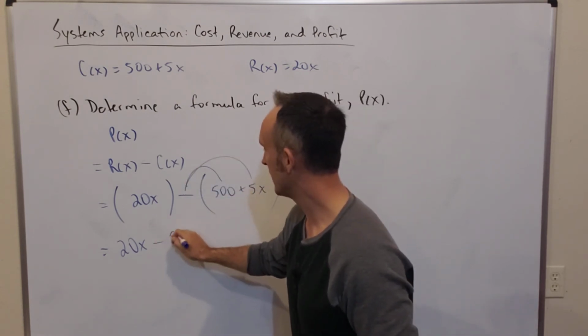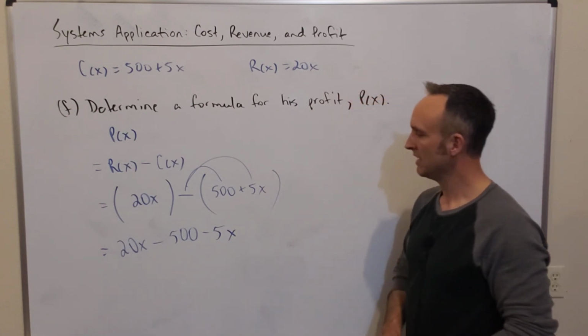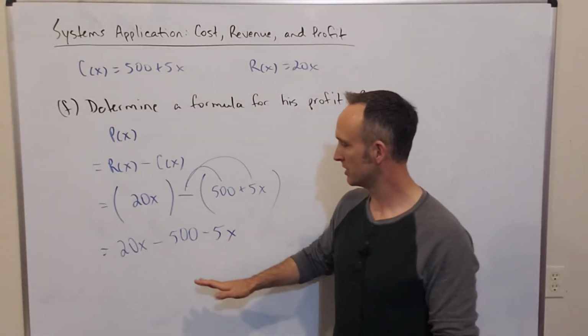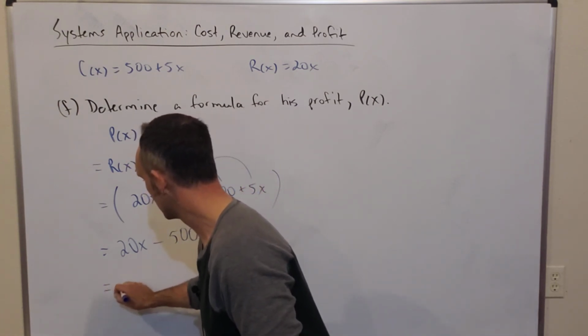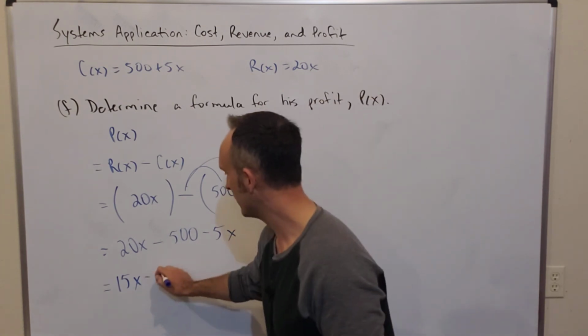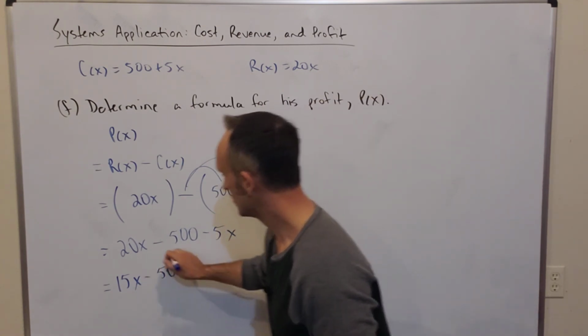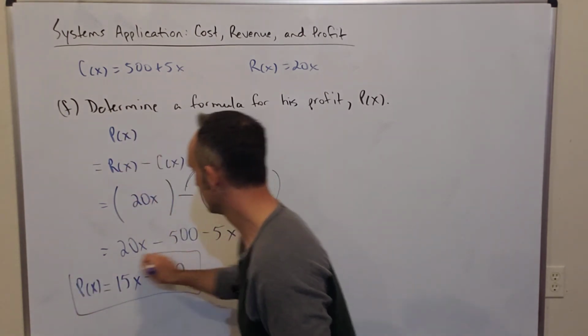So I get minus 500 minus 5x. And I can combine like terms at this point. 20x minus 5x is 15x. 15x minus 500. So here is the profit formula for him.